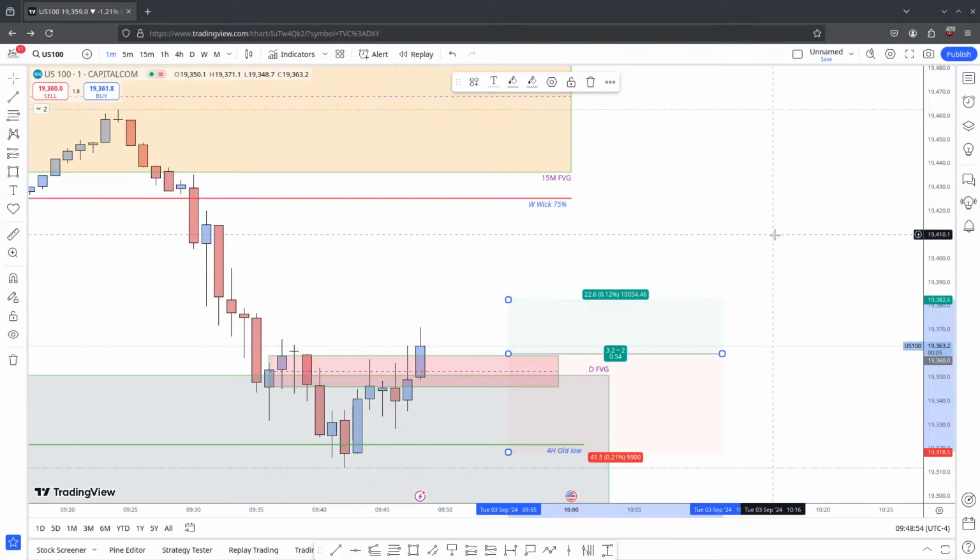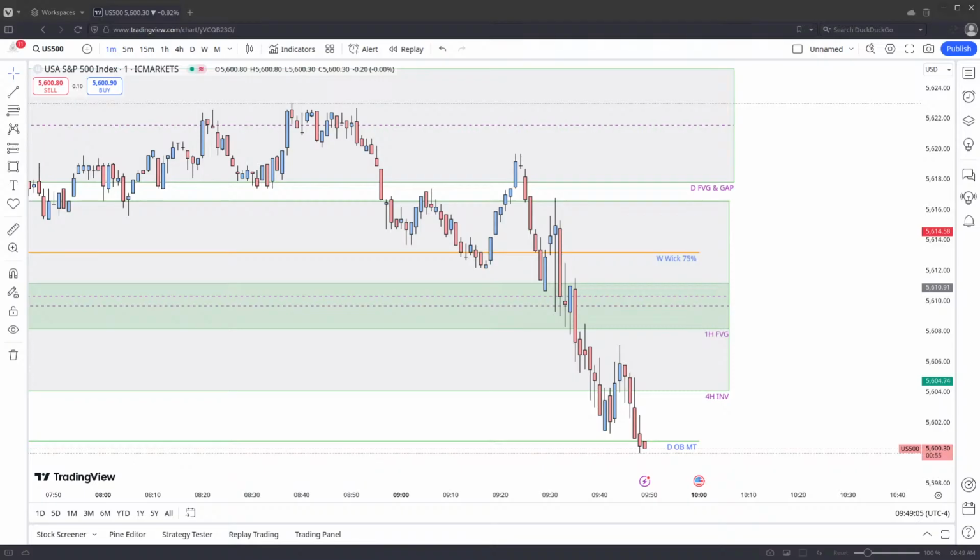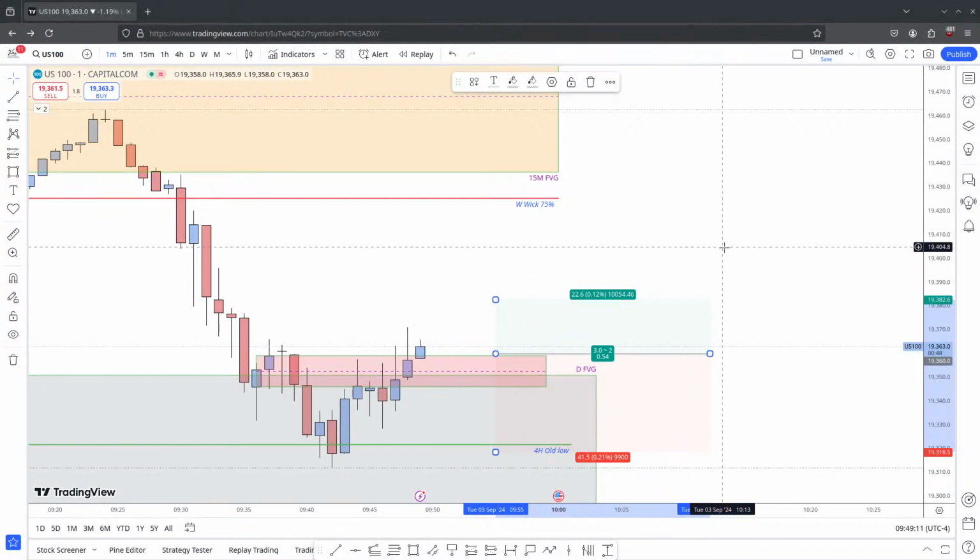Sometimes the model does present itself, but you're just not going to be able to participate in the move because of things like maybe the stop being too big. Look at ES, it's trading lower, so it's not in alignment with NAS.